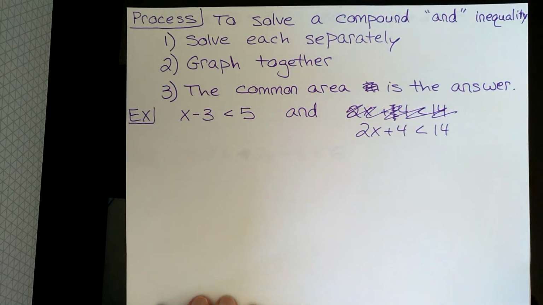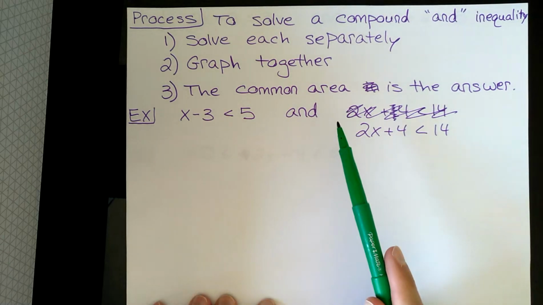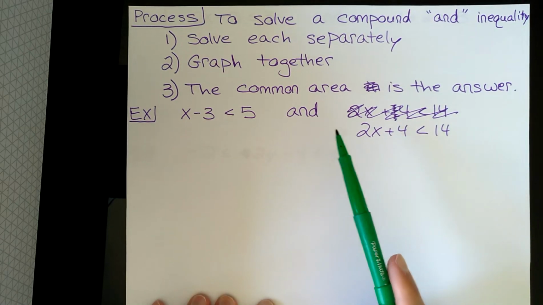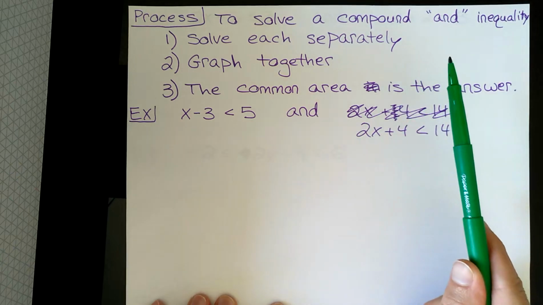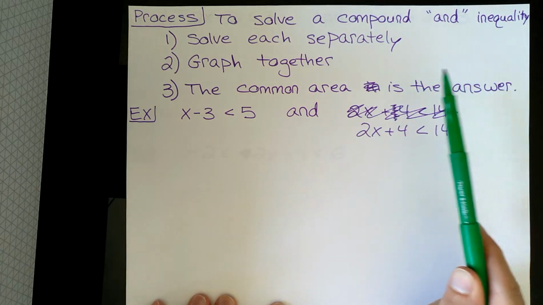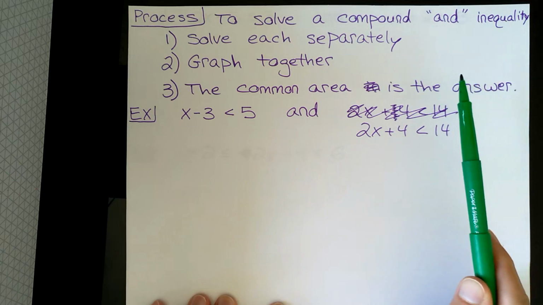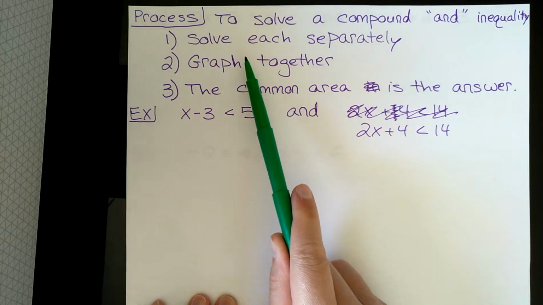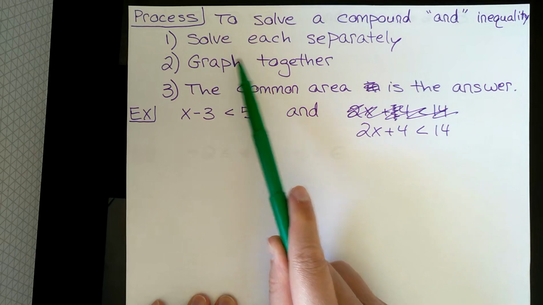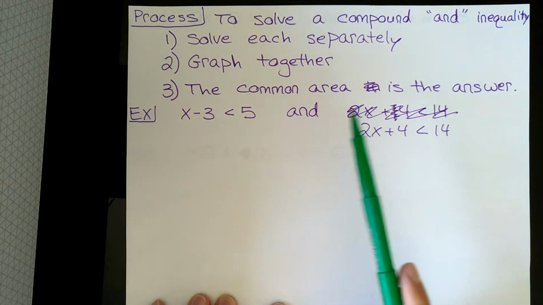From here, the next type of inequalities that we deal with are compound "and" inequalities. To go through the problems, the first thing we have to do is solve each inequality separately.